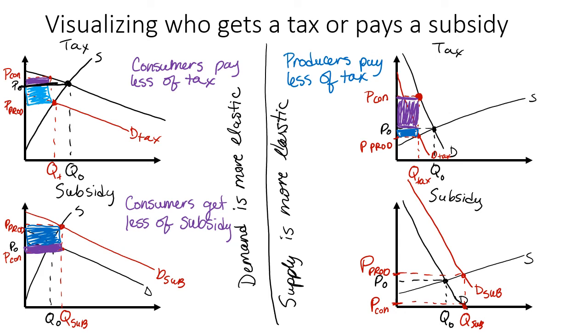So for consumers, they see originally they were paying this price, but now they're paying down here. So their amount of cash they get from the subsidy is that purple amount, whereas producers get this decrease here. And so again, we have the case where producers get less of a subsidy.